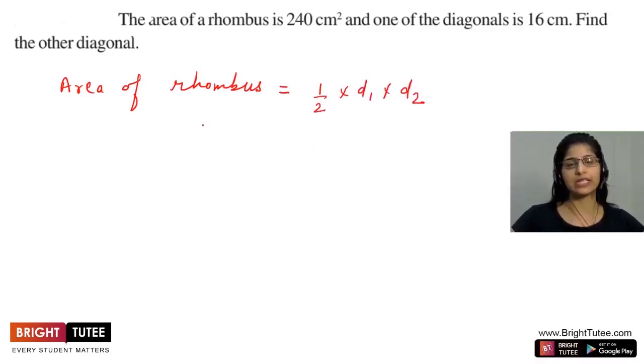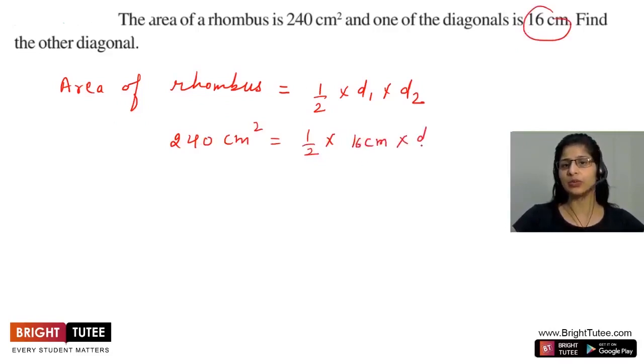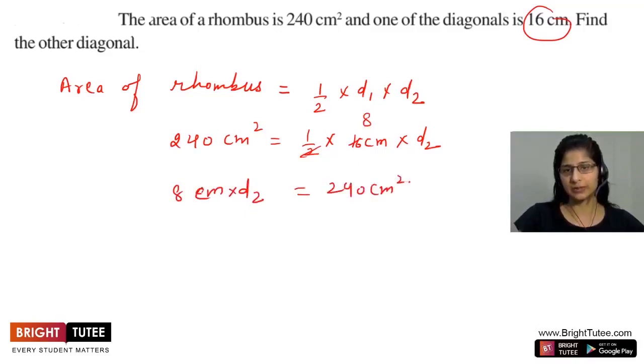Area of rhombus is given to us as 240 square centimeter. So half into one of the diagonals, which is 16 centimeter, into D2. We can cancel it, 2 8s are 16. So we get 8 centimeter into D2 is equal to 240 square centimeter.